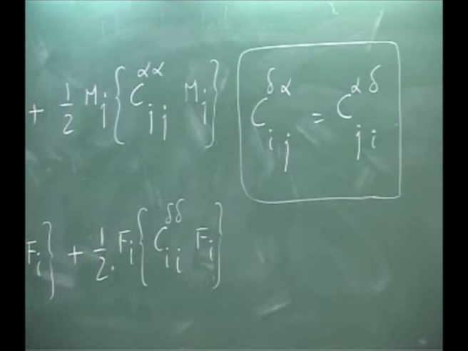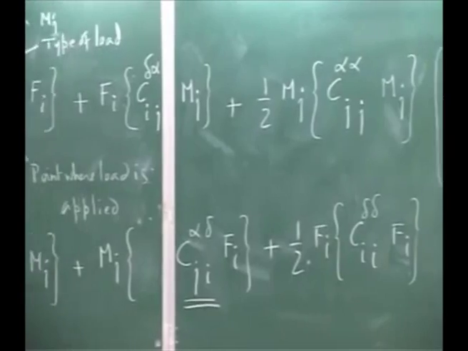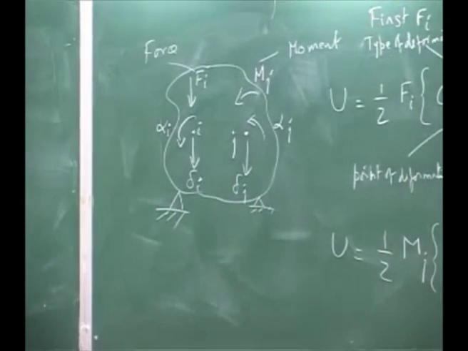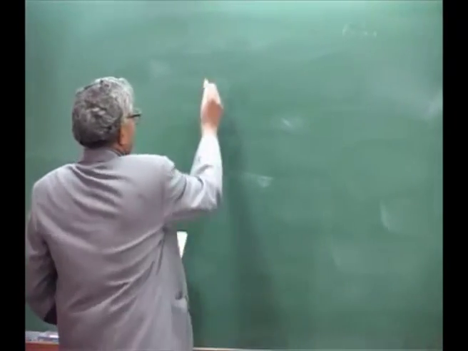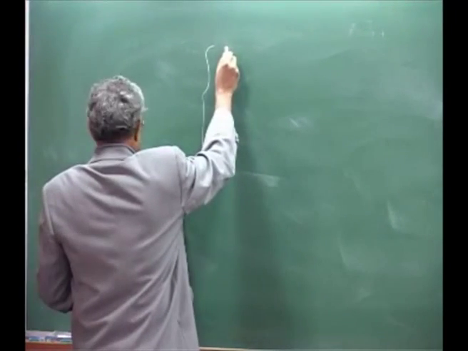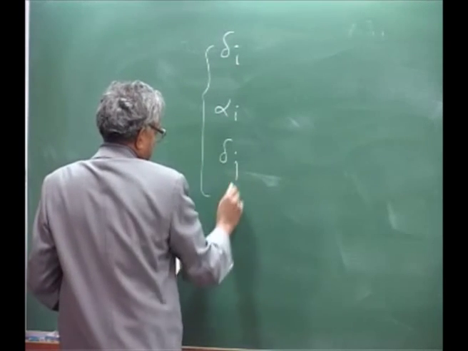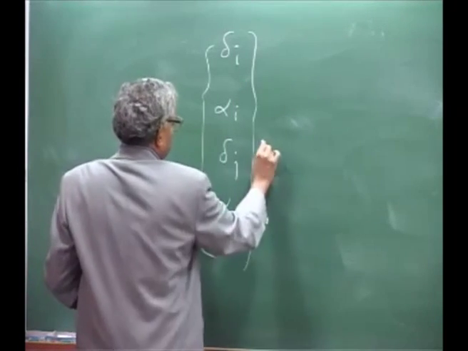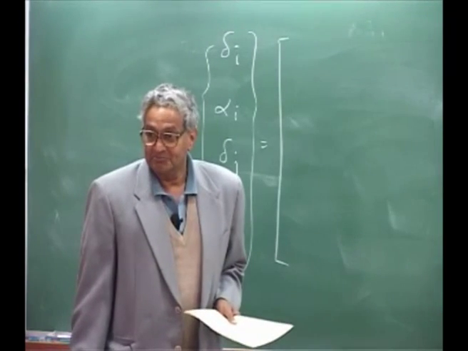Now we can write a very general expression. You can write the strain energy also in a different form, so I will erase this. Suppose this is delta I, alpha I, delta J, alpha J. You can fill up the full 4 by 4 matrix.